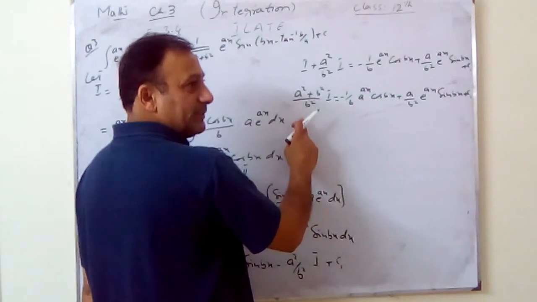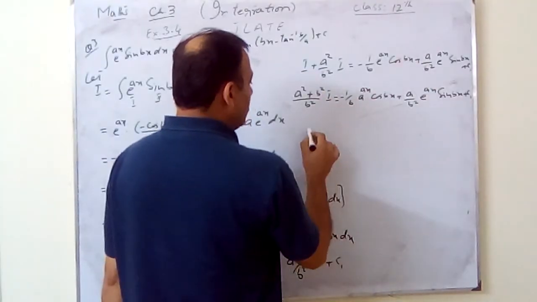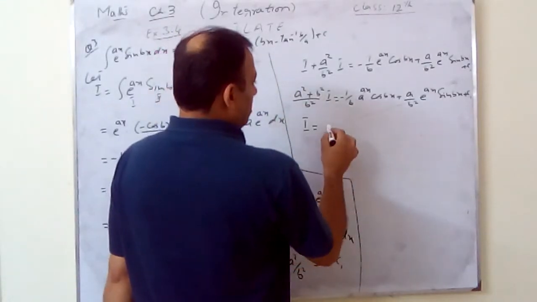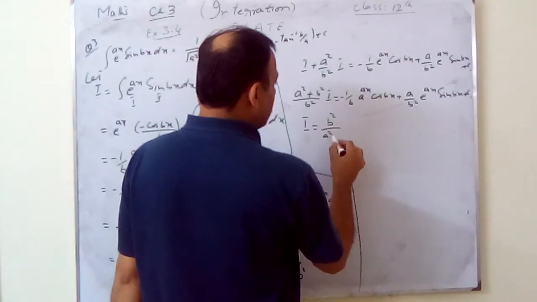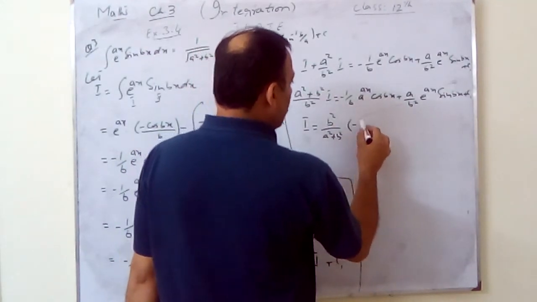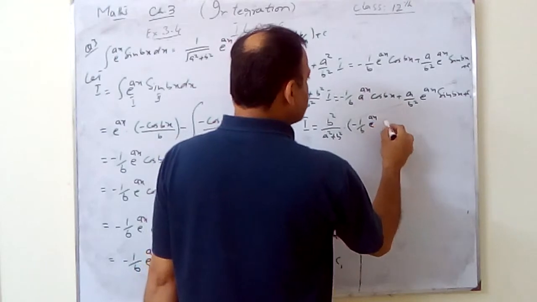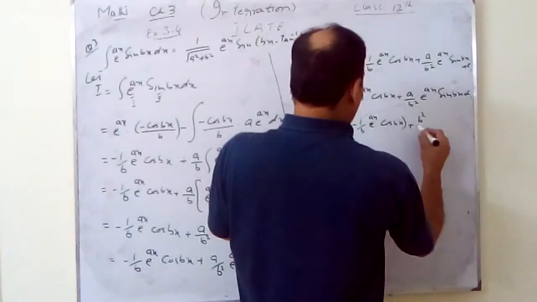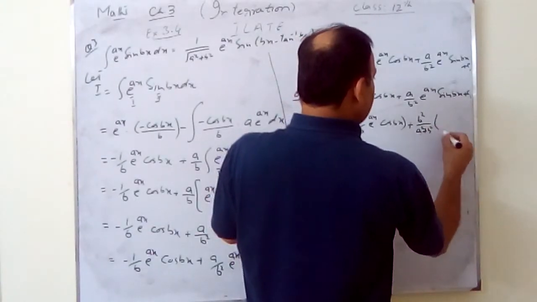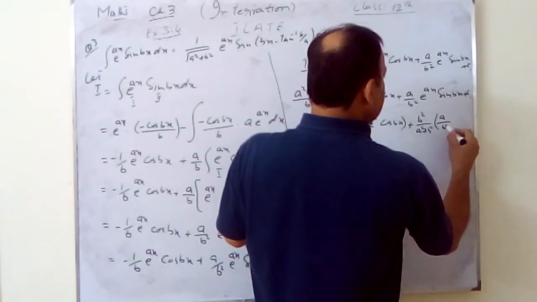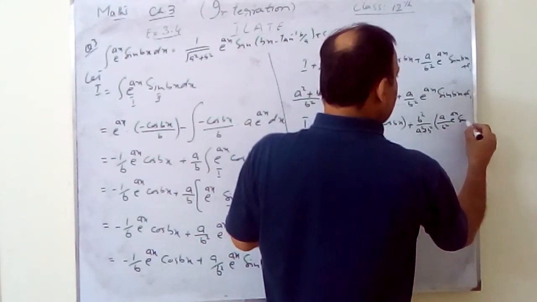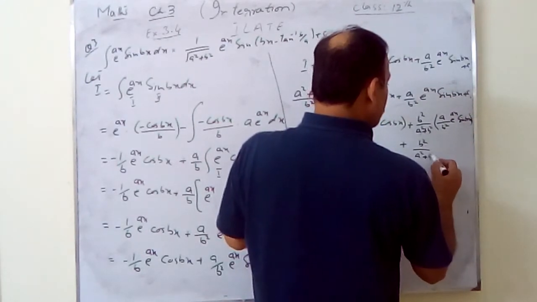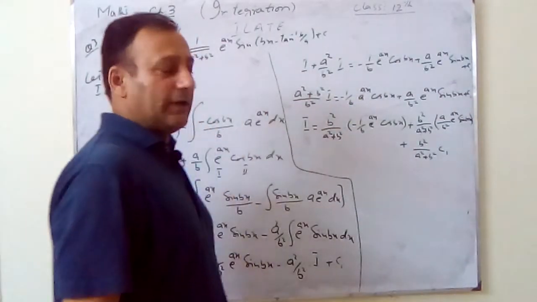Take this value, a square plus b square over b square, from left to right. So I is equal to b square over a square plus b square into minus 1 over b e power ax cos bx plus b square over a square plus b square into a over b square e power ax sin bx plus b square over a square plus b square into c1.